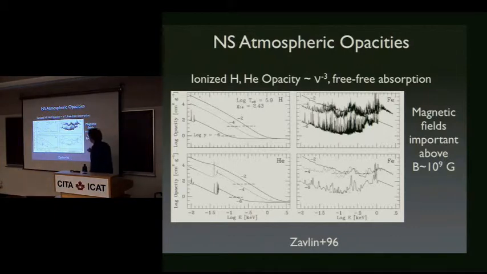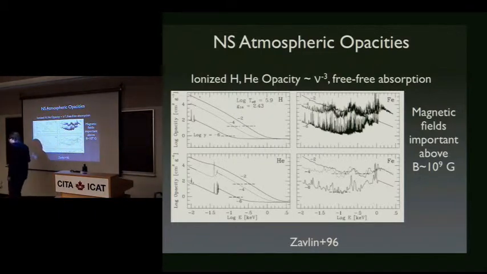Okay, so let's say you're interested in that black body-like emission. It's not pure black body, and the reason is the actual opacity of the material on the neutron star surface is not constant with the energy. So if you look at the opacity with energy for different possible compositions of neutron star surfaces, you find an energy to the -3 dependence of the opacity, which is the Thomson scattering and free-free absorption, in both hydrogen and helium.